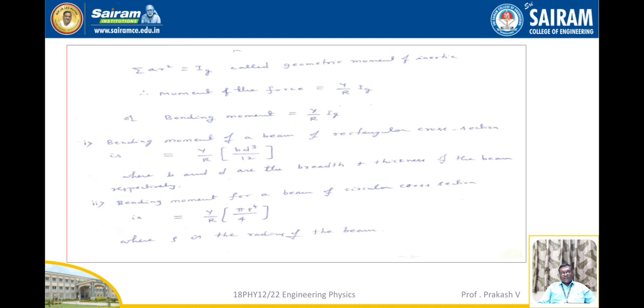And if you consider a beam of circular cross section of radius rho, then the bending moment is equal to Y by R into pi rho to the power of 4 by 4. In place of Ig, we are substituting pi rho to the power of 4 by 4, where rho is the radius of the beam.